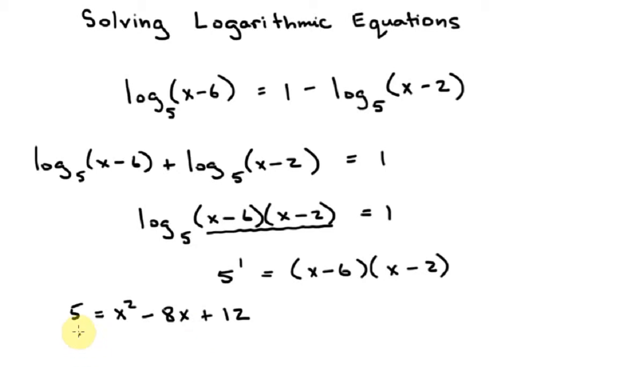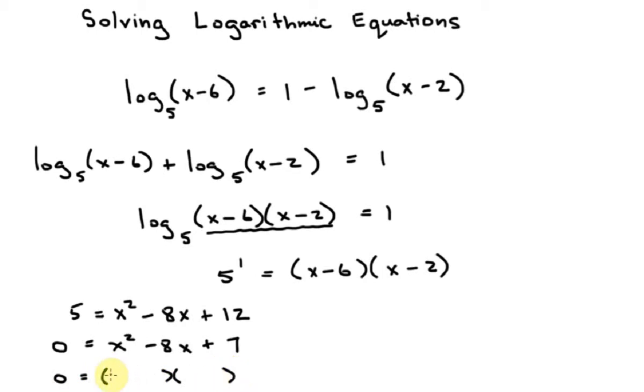Probably the easiest way to solve it is first of all get 0 on the one side. So that's what I'm going to do, take 5 away from both sides. And then I'm going to try and solve it either by the quadratic formula or maybe by factoring if it factors easily enough. Well, this one, wouldn't you know it, it does factor quite easily.